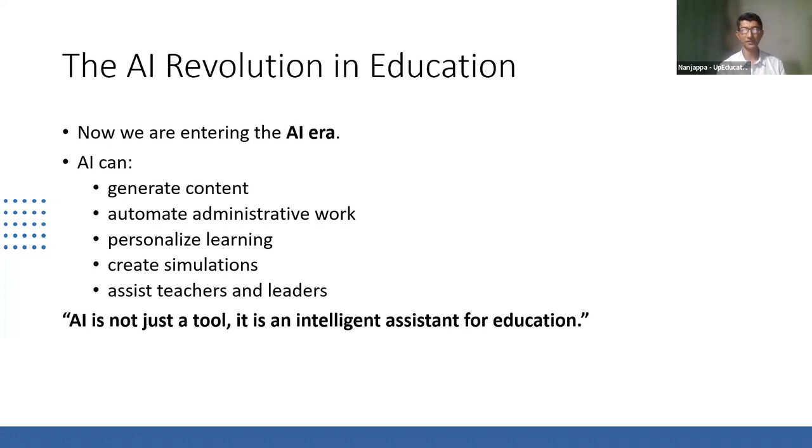But now it has flipped. The students have started using AI, the teachers have started using AI. Now the school has to catch up. What to do? Do we need to give AI access in schools? So this is the debate which is going on now.